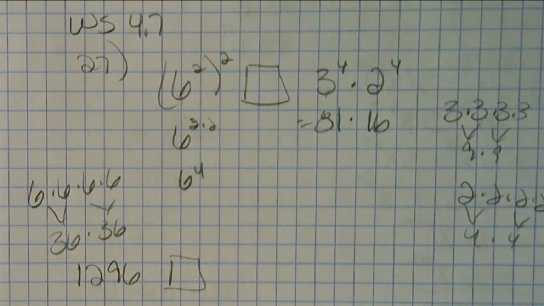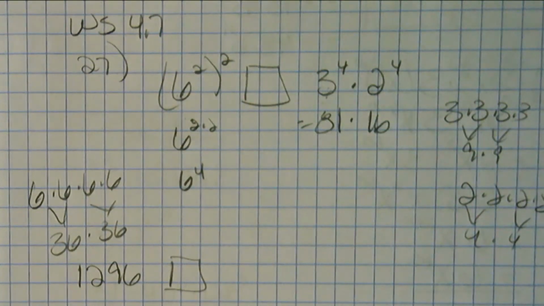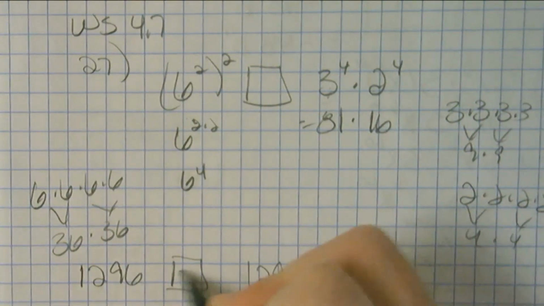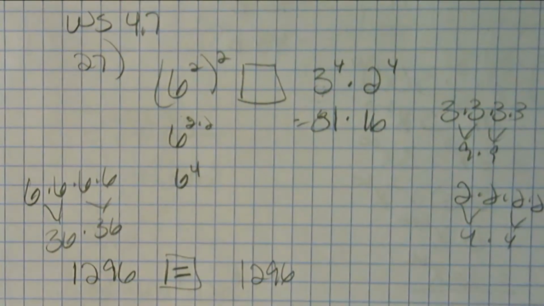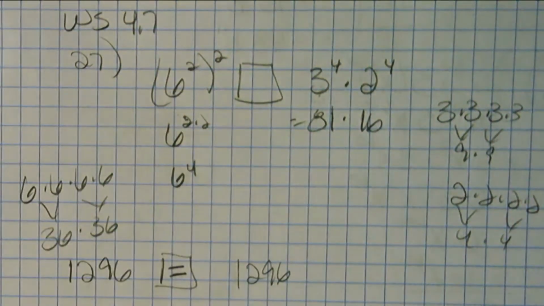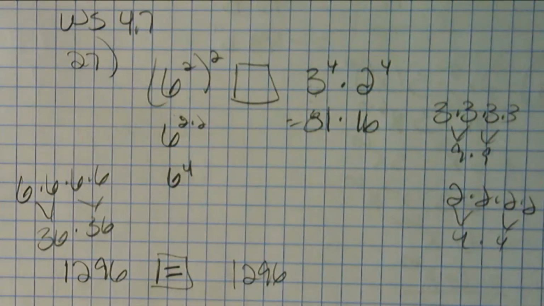So now I have to do 81 times 16, and this also gives us 1,296. So these are equal. So when we have numbers with the same base that we're comparing, we can use our exponent rules. But if we don't, we've just got to fall back on doing the multiplication.